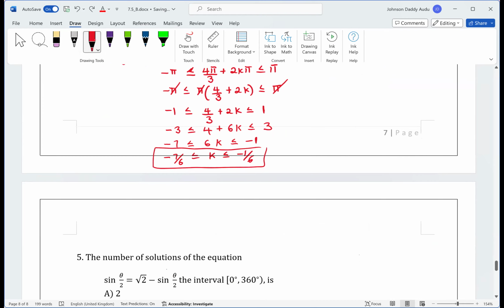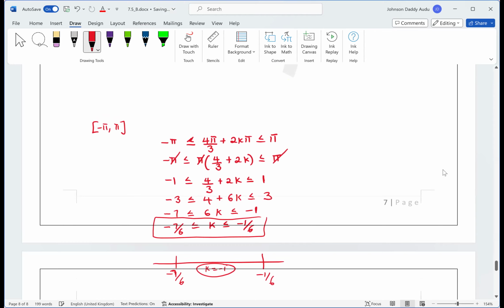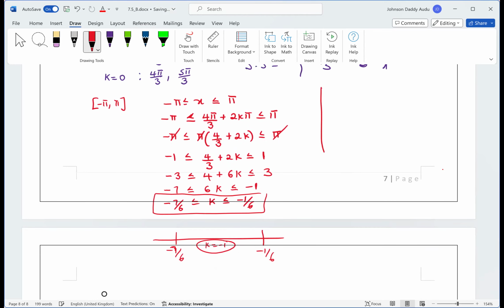Remember, k has to be an integer, right? So the only integer you can find here is that k has to be only what? Only minus 1. You cannot get more than this one, because minus 7 over 6 is minus 1 point something. So the only possible integer is k is minus 1.